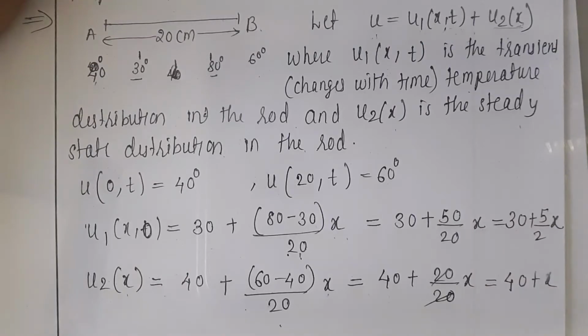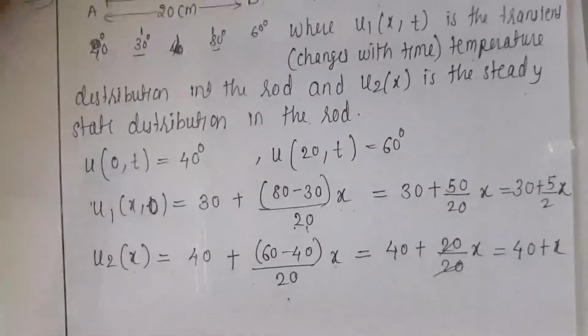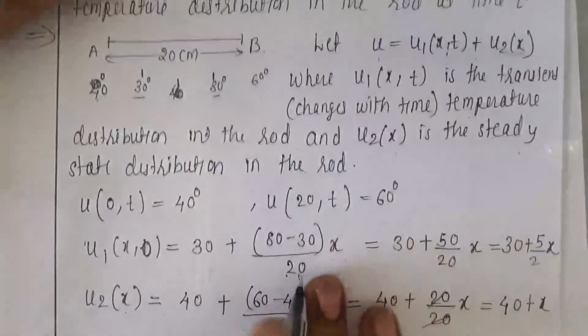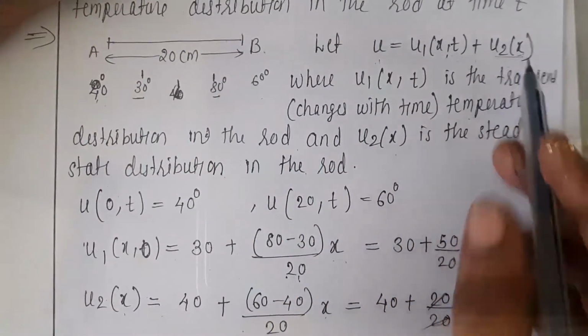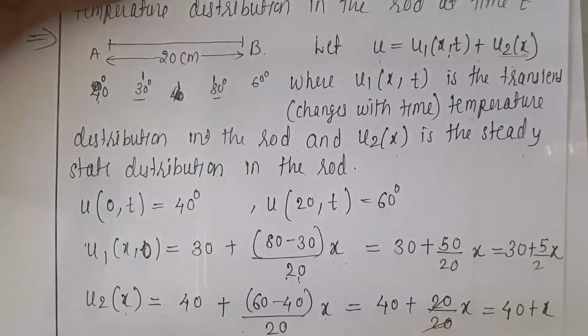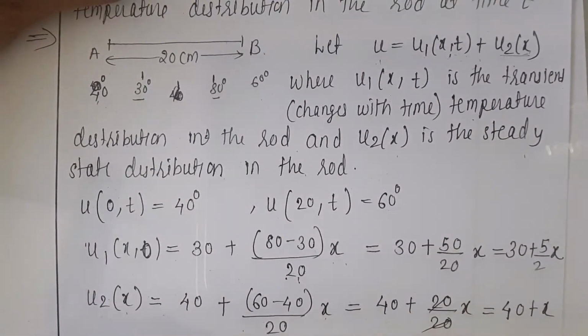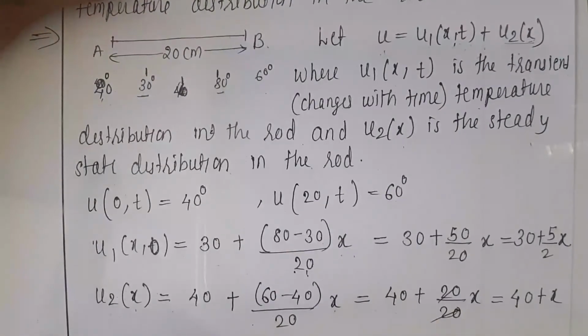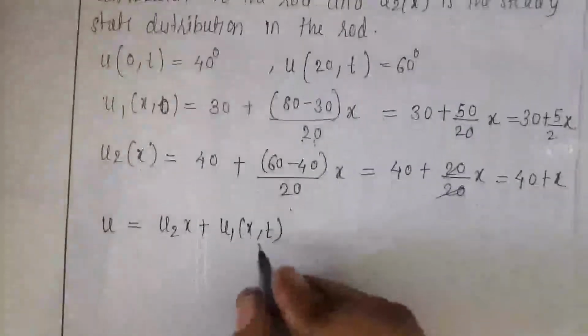Now what is the final temperature u? U is a combination of u1 plus u2. So u is equal to u2 of x, I am writing first, plus u1 of x,t. U1 of x,t is dependent on x and t both.